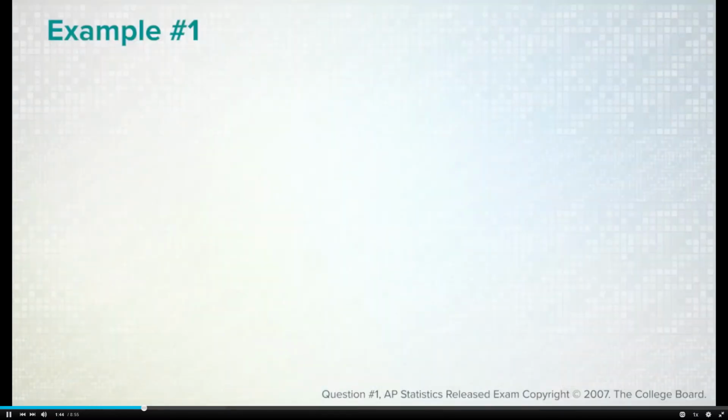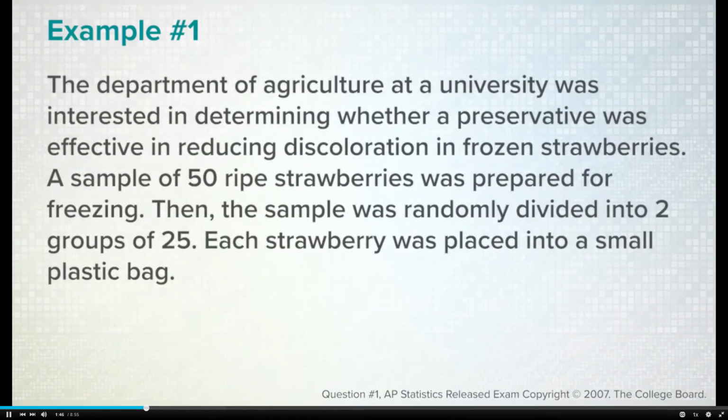In example 1, the Department of Agriculture at a university was interested in determining whether a preservative was effective in reducing discoloration in frozen strawberries. A sample of 50 ripe strawberries was prepared for freezing. Then the sample was randomly divided into two groups of 25.